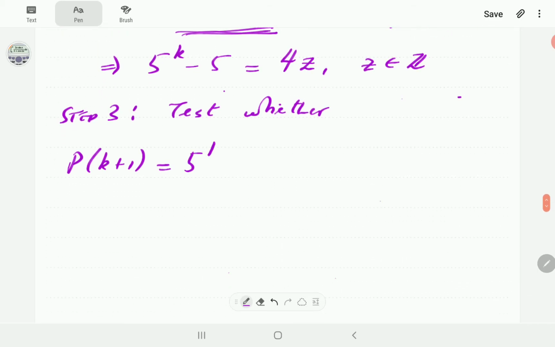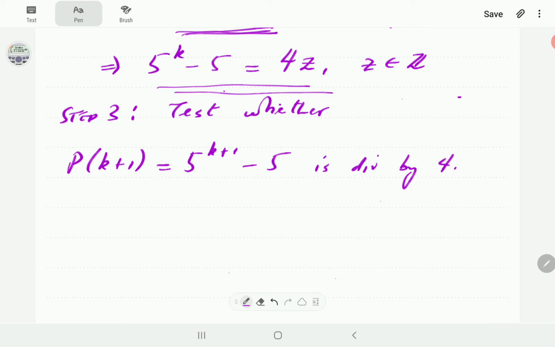It's going to be 5 to the power k plus 1 minus 5. So we want to test whether this is divisible by 4. Okay, we do this by using the statement from step 2.